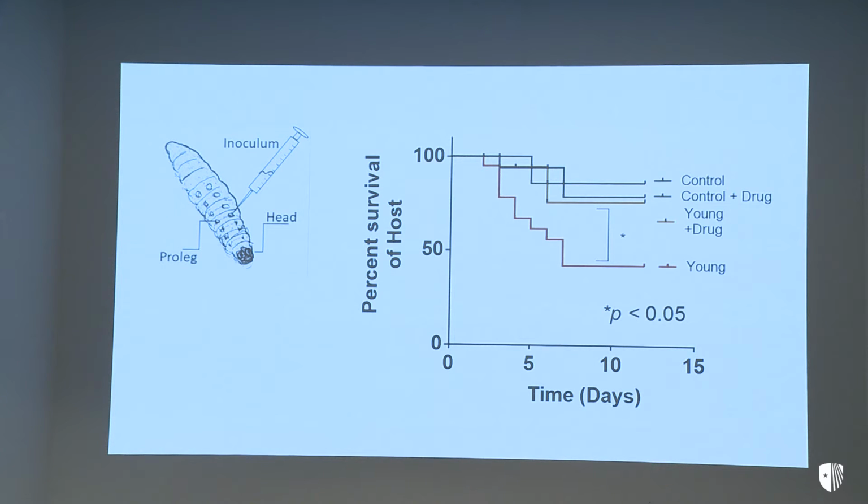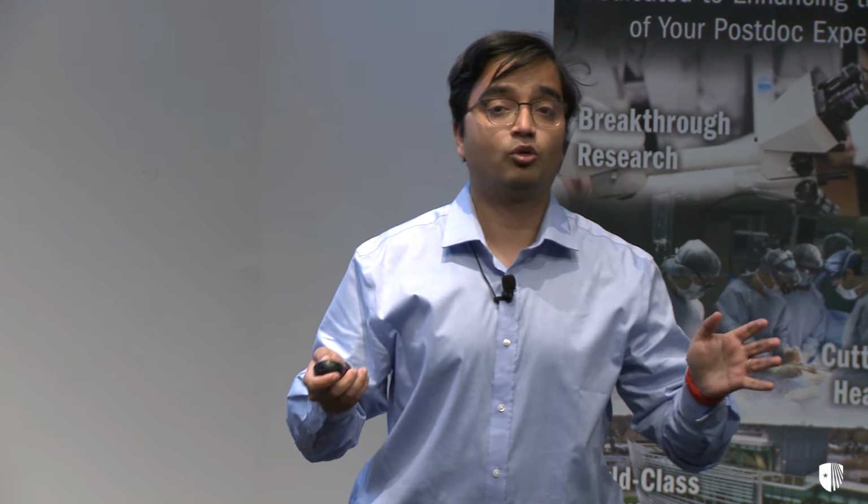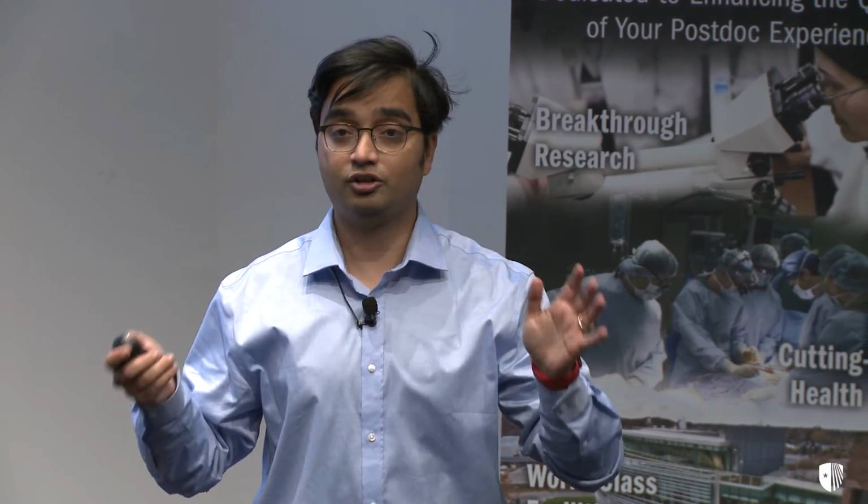That means the percent survival of the hosts is going down as the days progress. However, when the group of hosts were treated with drugs, the survival percentage went back to the control, suggesting that the drug therapy successfully cleaned out the infection caused by the young yeast cells.